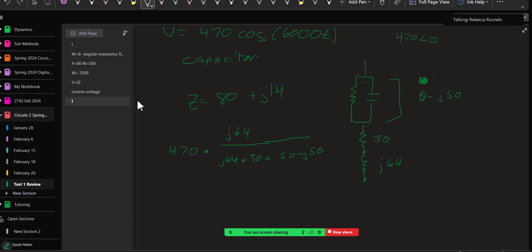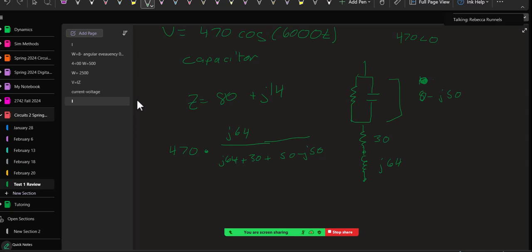Why are we doing across the inductor again? Is that just what the question asked? Oh, because the problem said capacitor. No, we should not be doing across the inductor. In case I wanted to do it across the inductor, this is what I would do.